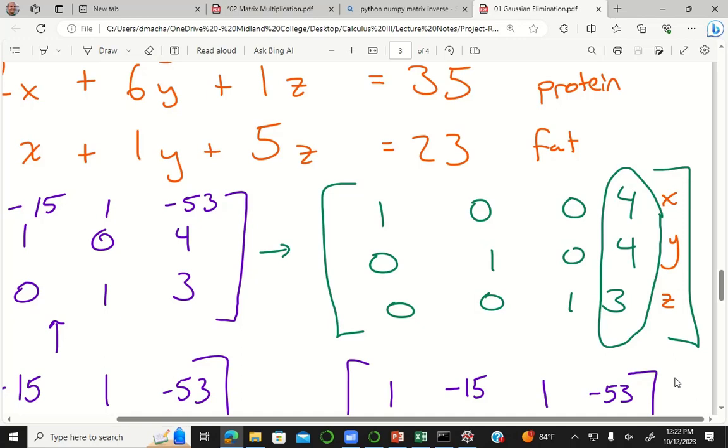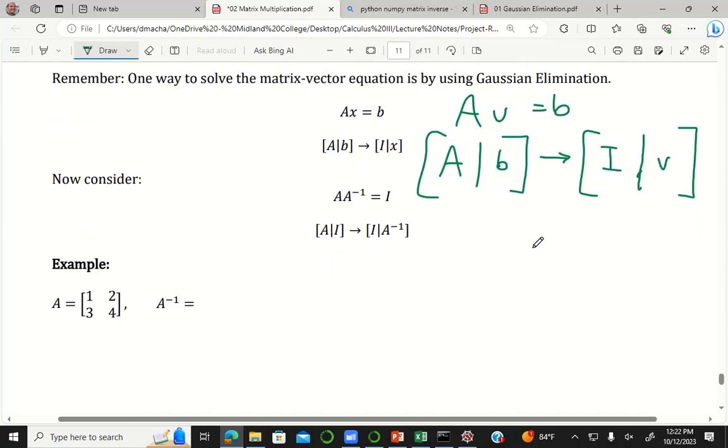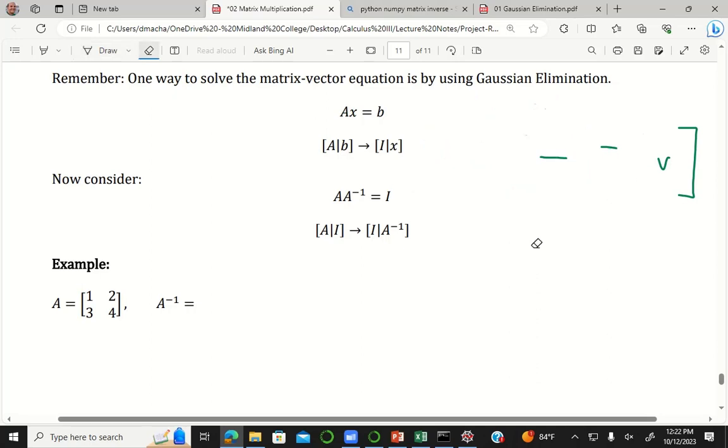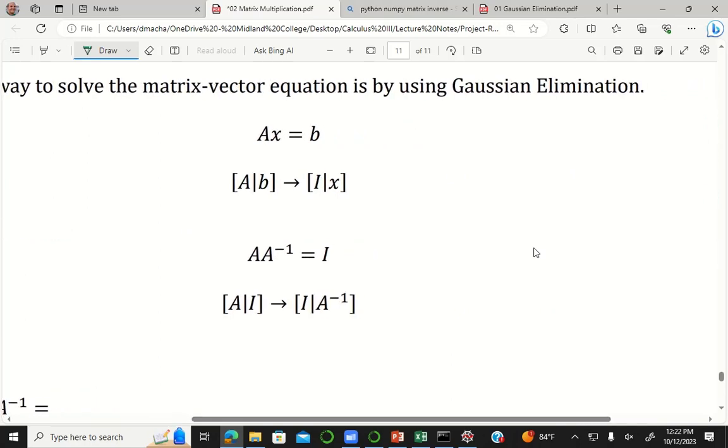Okay, so if that works as a way to solve matrix vector equations, then what if instead of having the vector x here, you replace the vector x with the matrix A inverse? So instead of having AX equals B, now we have A times A inverse equals I.